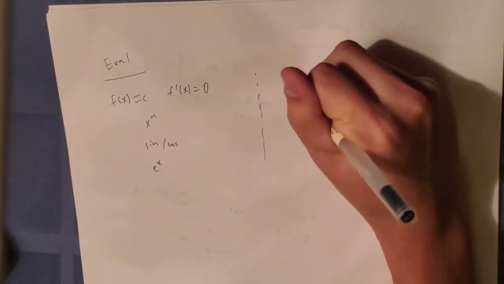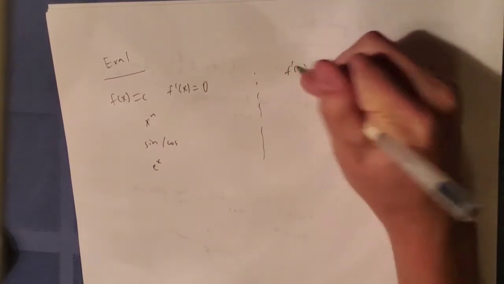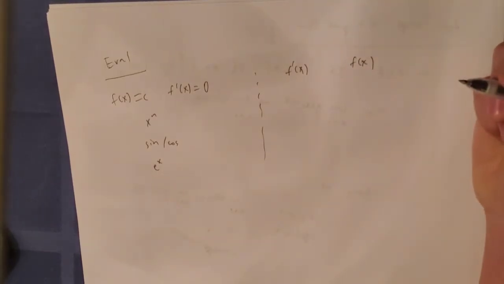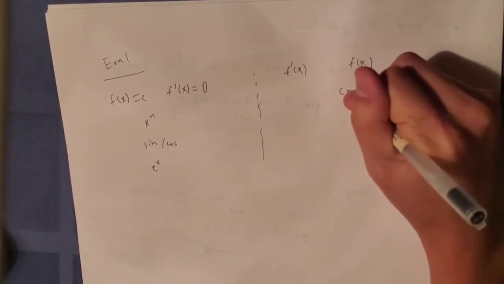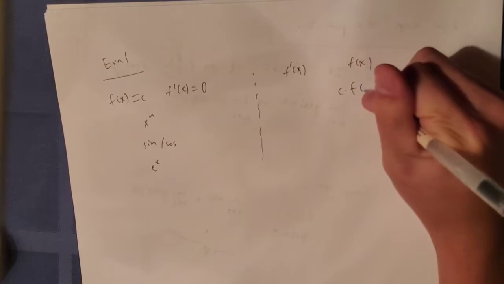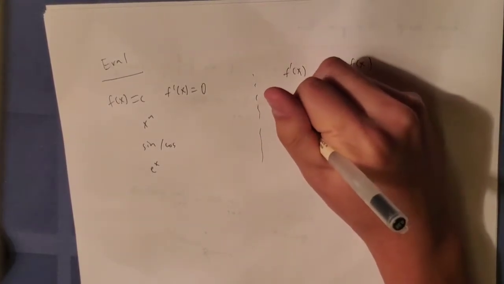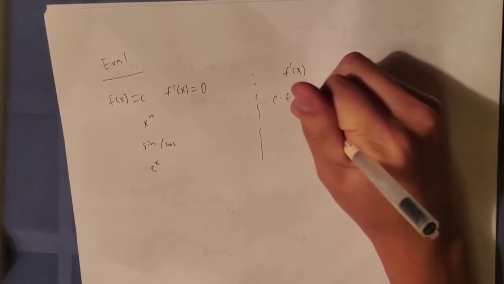We have that if f prime of x is the derivative of f of x, then for some constant c times f of x, the derivative will be c times f prime of x.